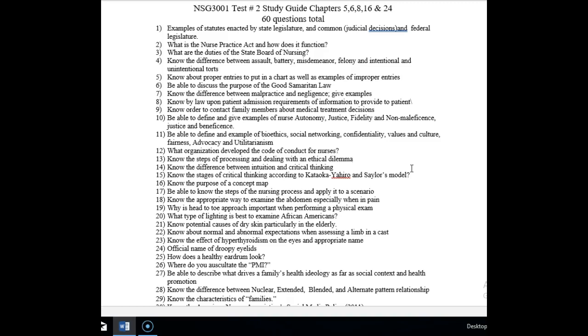So just knowing that intuition is really more or less a gut feeling.